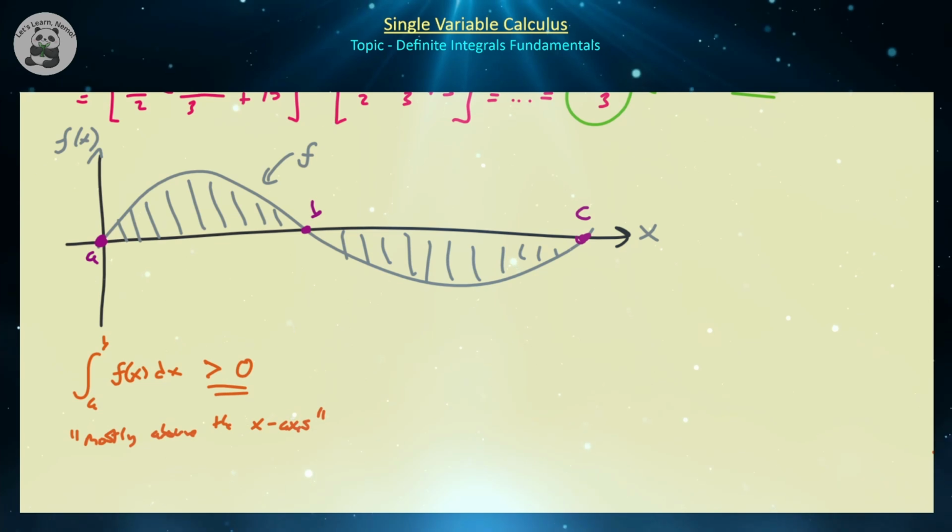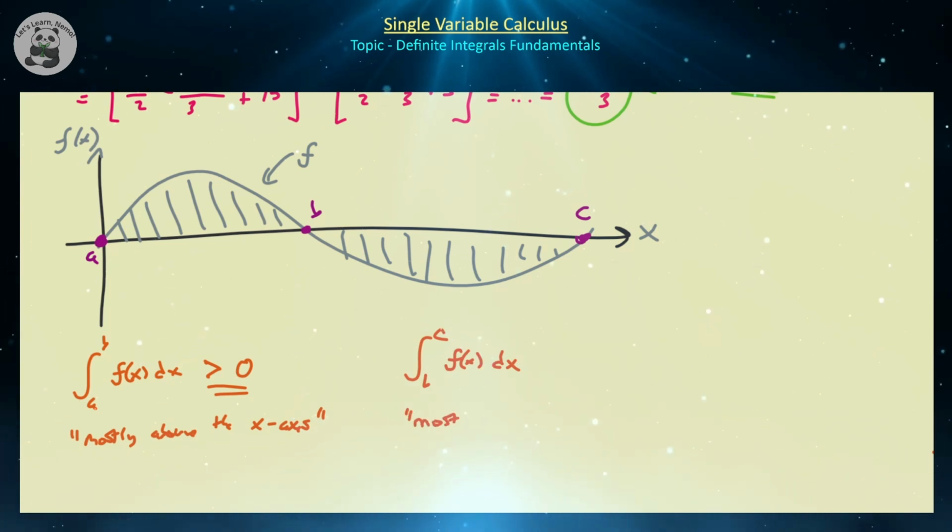And if we look at our integral, let's go from b to c. So b to c of f of x dx. And since we have that this is mostly, in this particular case always, below the x-axis, then what we're going to have is that this is going to be equal to a negative number.